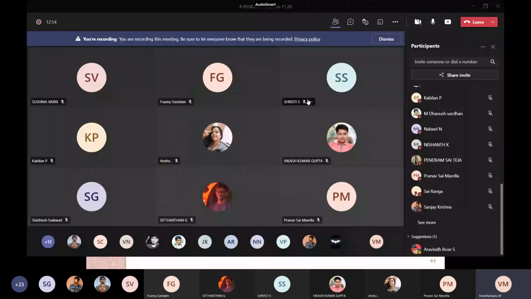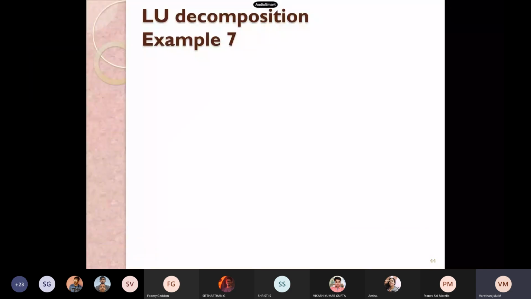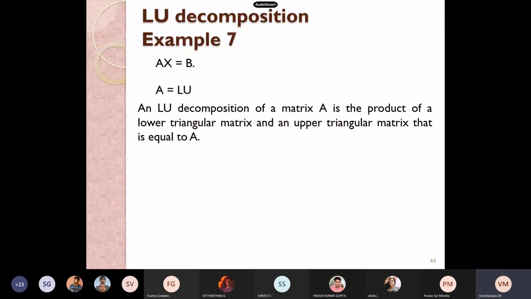Okay, we'll start today's class, that is LU decomposition. In the last class itself, we started to cover the content related to LU decomposition. LU decomposition is nothing but the square matrix being divided into a lower triangular matrix and an upper triangular matrix, with some basic ideology and norms.